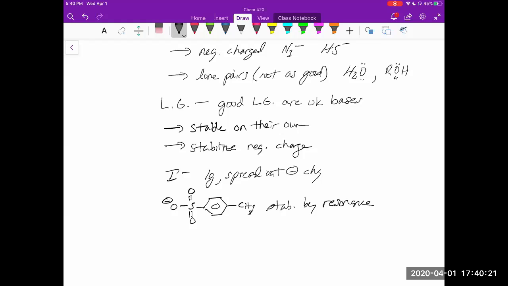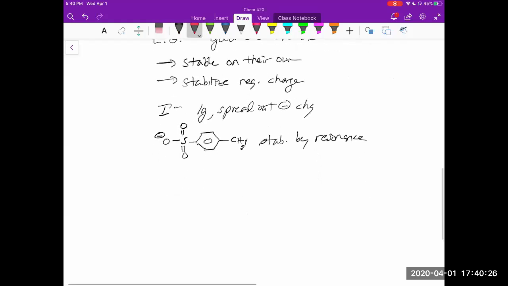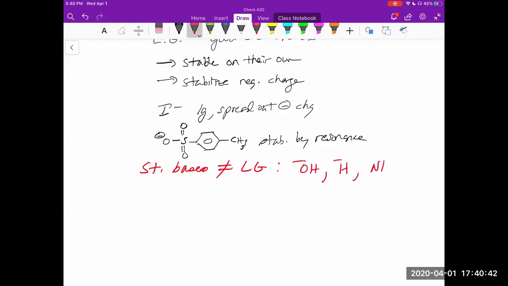Now, strong bases are not leaving groups. So we will not see OH- leave, H- leave, NH2-, or the basic form of any alcohol.